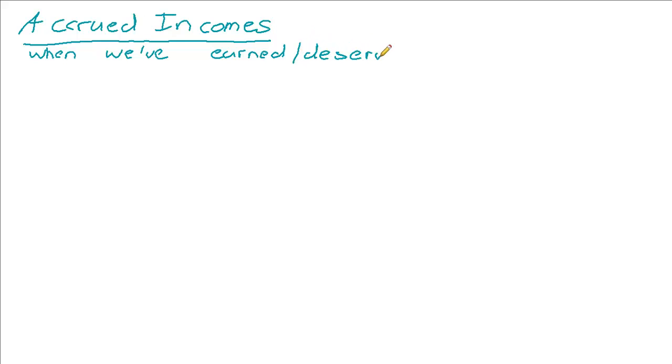If we have deserved to have received that income, but we have not yet received it, then we're going to have an accrued income adjustment. When we've earned or deserved an income, but not yet received. So let's look at the example, and then we're going to do the ledger and the post-adjustment trial balance.